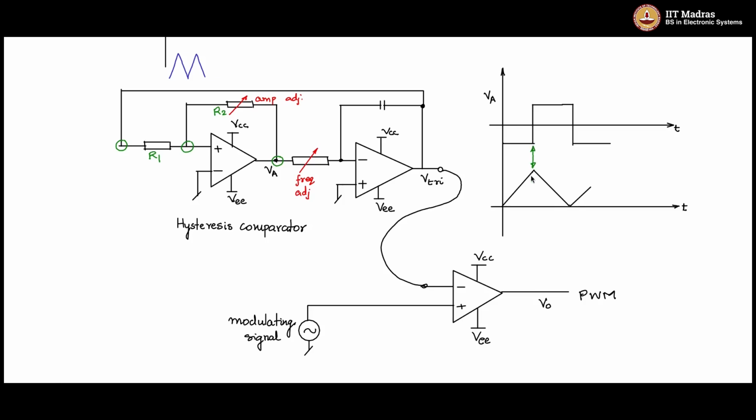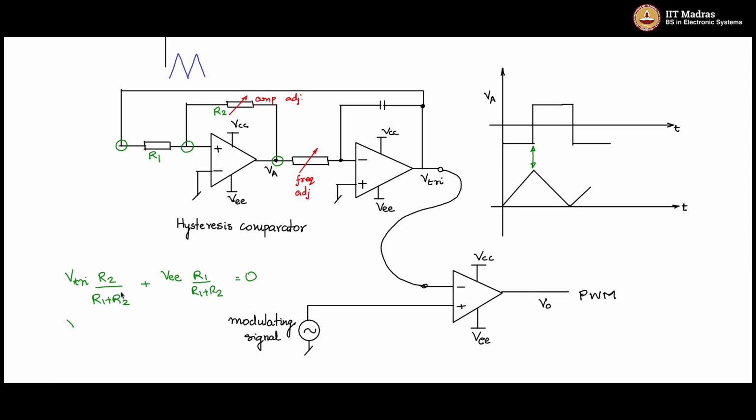At this transition point, flipping point, let us write the superposition equation. So this is V triangle times R2 by R1 plus R2, plus VEE times R1 by R1 plus R2, should be equal to 0.